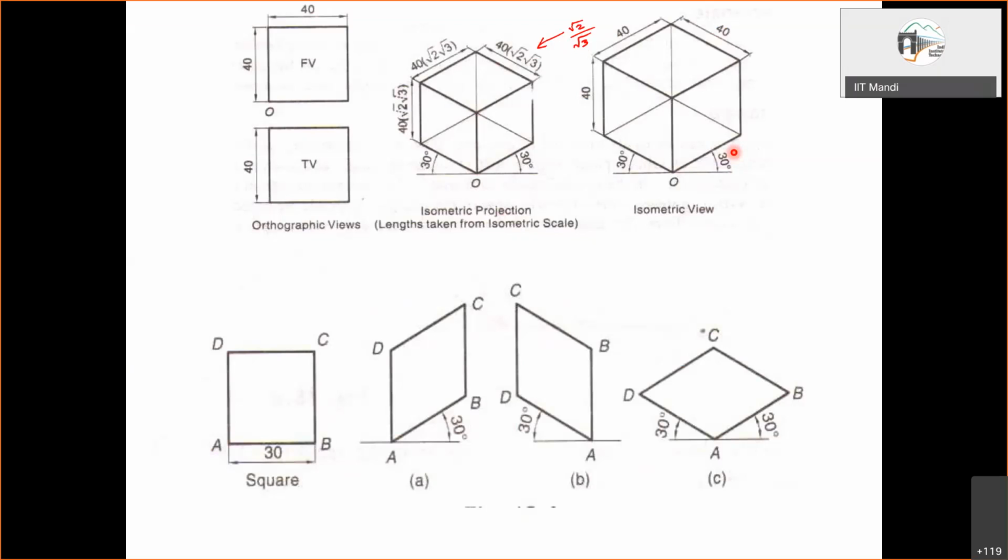So keeping that in mind, many times rather than choosing these reduced lengths with the given dimensions directly, we draw the isometric projection, but now this is referred to as isometric view. So the name is changing a bit.